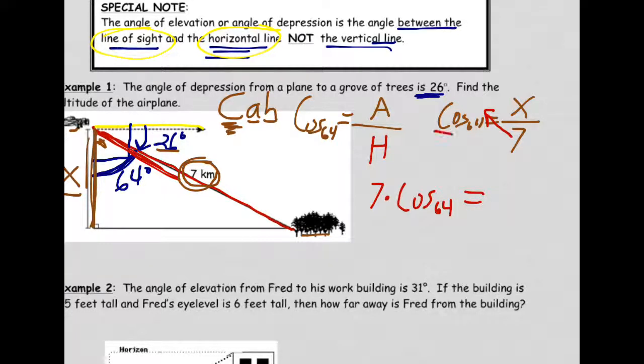Equals, now think of the cosine as cosine over 1, and that way we can cross multiply on this side of the equation. So we say 1 times x. Well, 1 times x is just x. So great. Now you have x equals 7 times the cosine of 64. And this we just plug into our calculator.